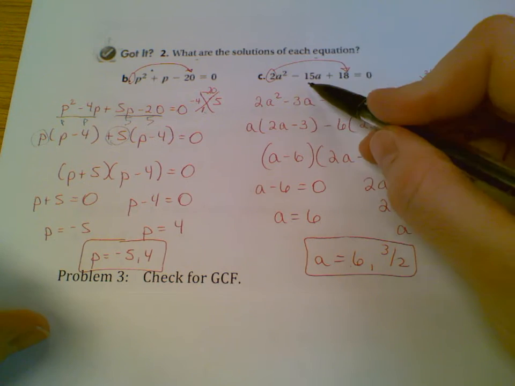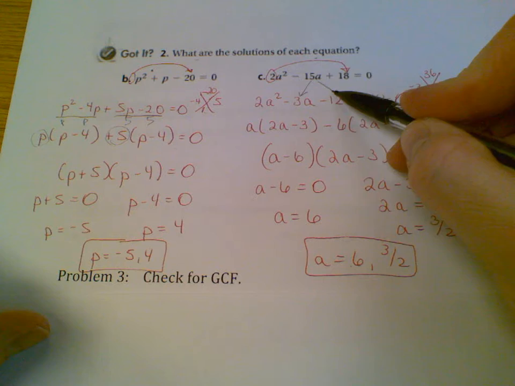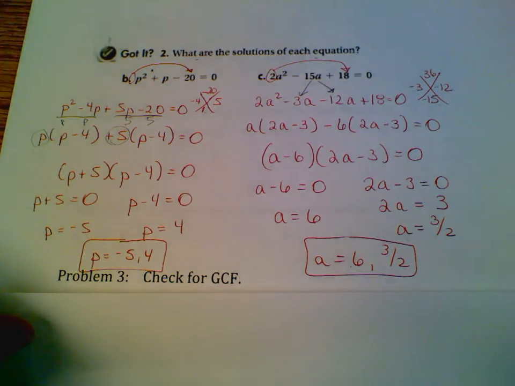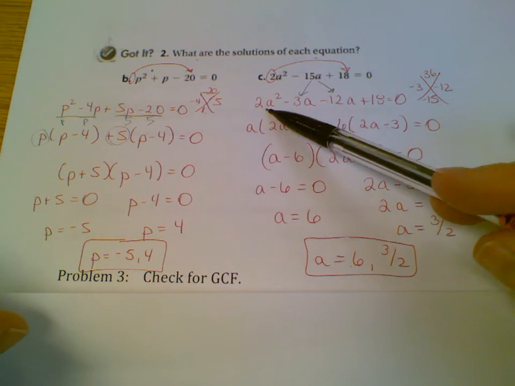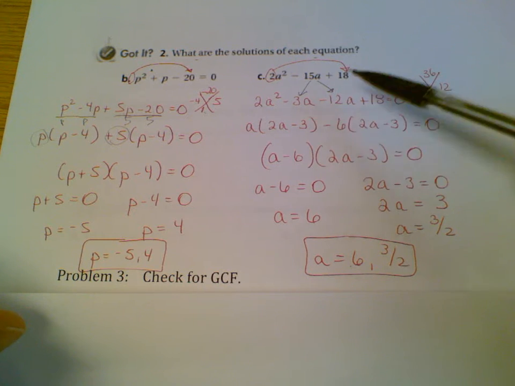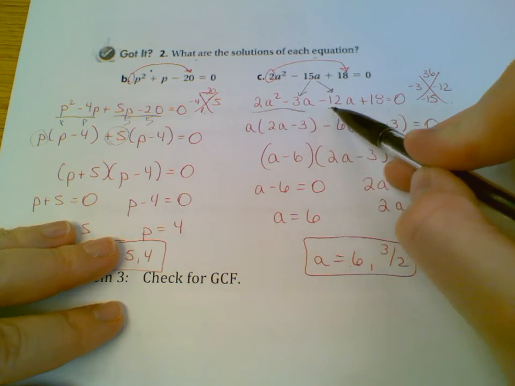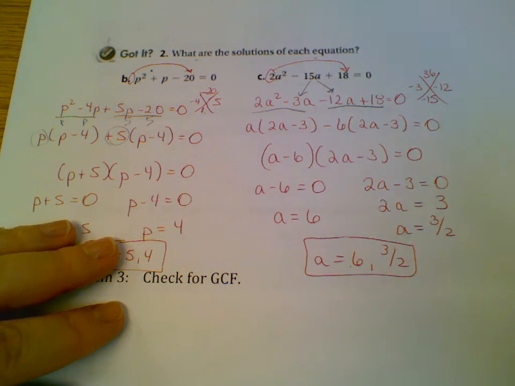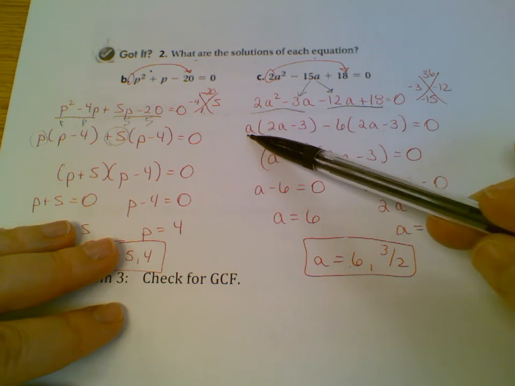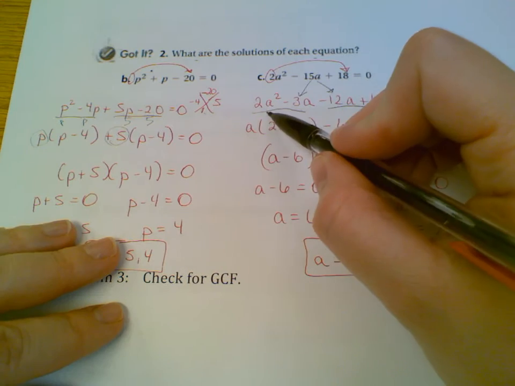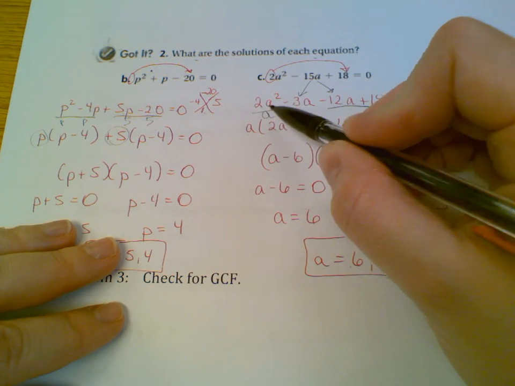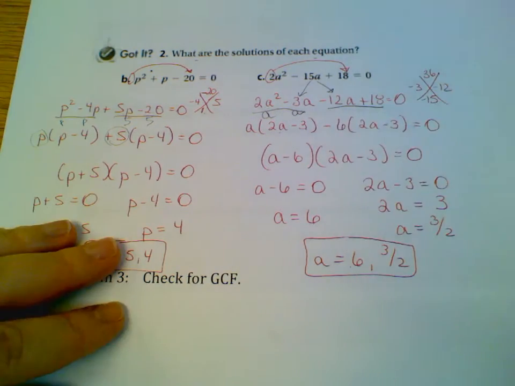So now I'm splitting up this negative 15a and rewriting my expression. So I have 2a squared minus 3a minus 12a plus 18. I group the first two and the last two, and I find my GCF. So I take out an a, and when I divide both of these by a, I get 2a and then negative 3.